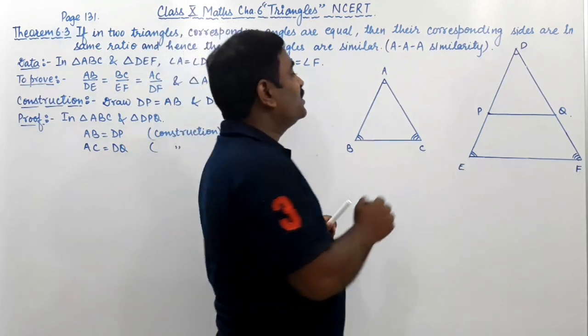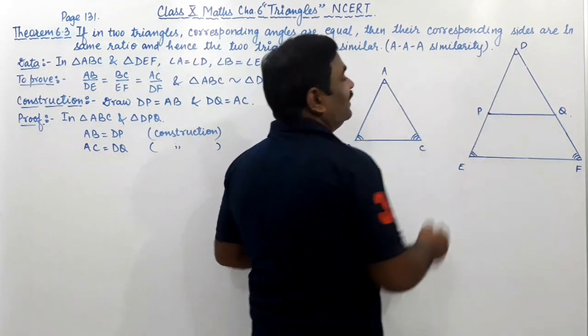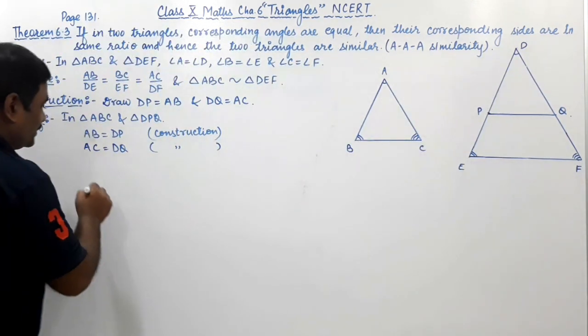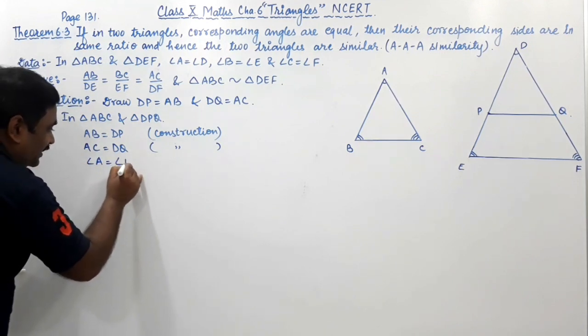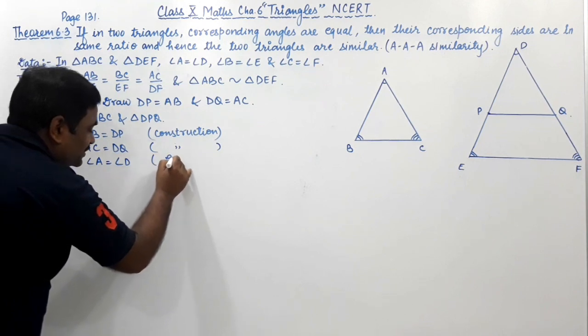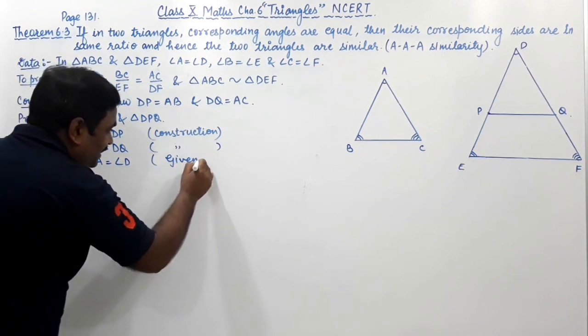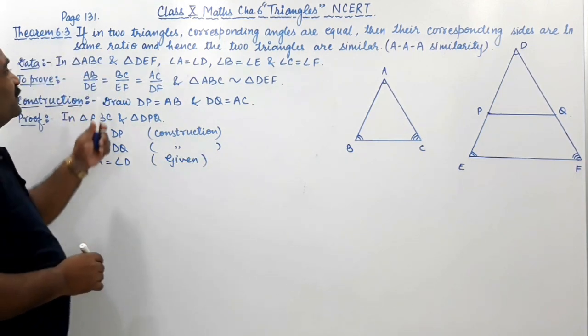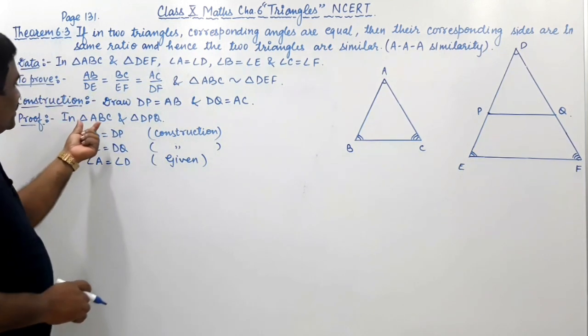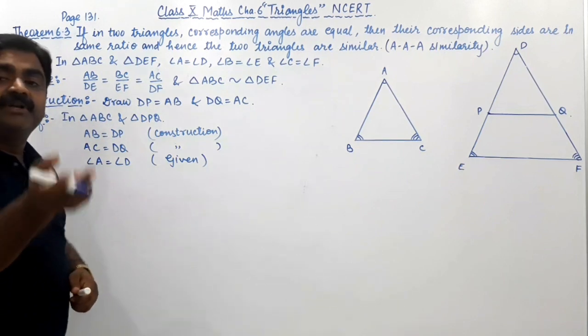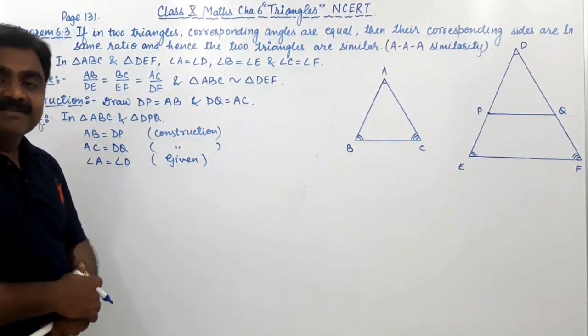Then what can you say about angle A and angle D? Are they equal? Angle A is equal to angle D, which is given in your question. So what can you say about these two triangles? Just remember your previous class result.